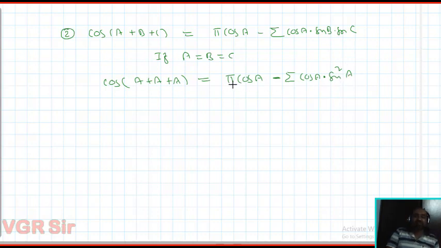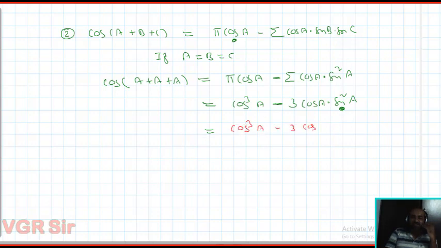Actually pi cos a in this formula means cos a into cos b into cos c, so cos a into cos a into cos a. So we will get cos cube a here. Minus 3 times, and 3 times of cos a into sin square a. Again you want the formula of cos 3a in terms of cos alone, so I don't want sin a here. Write cos cube a as it is, minus 3 cos a as it is.